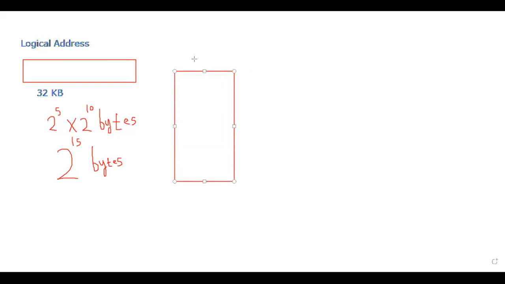In each place there will be 1 byte, so there are 8 addresses possible. Each of the 8 addresses holds 1 byte.